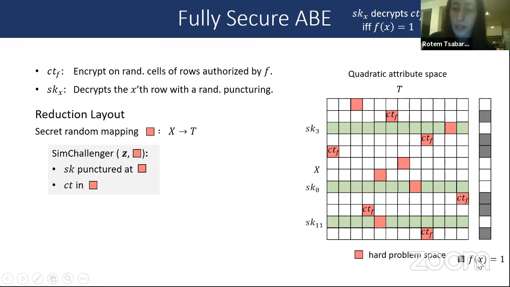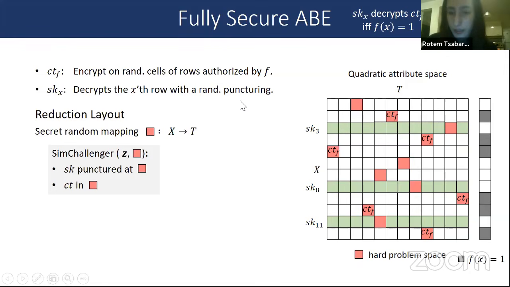So the encryption algorithm gets as input this function f, and then goes over all of the attributes, checks whether each attribute is authorized, and if it is, performs the previous encryption, which is choosing a random tag and then generating the ciphertext respective to this tag.